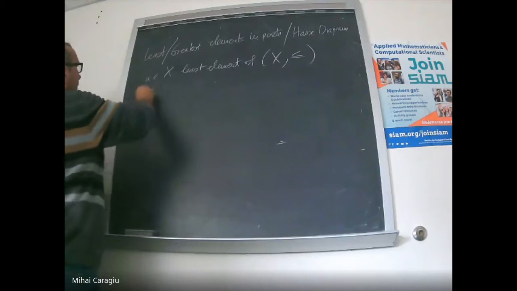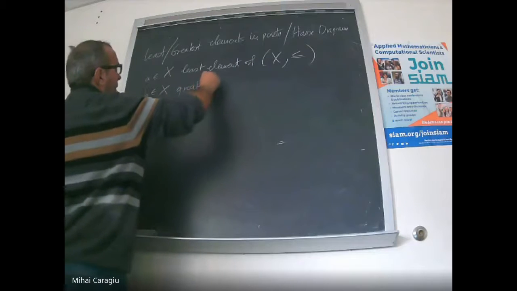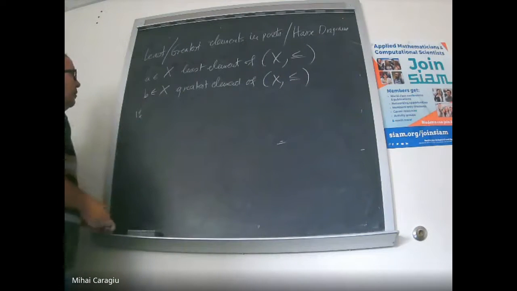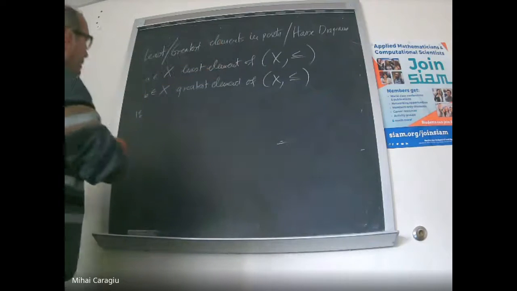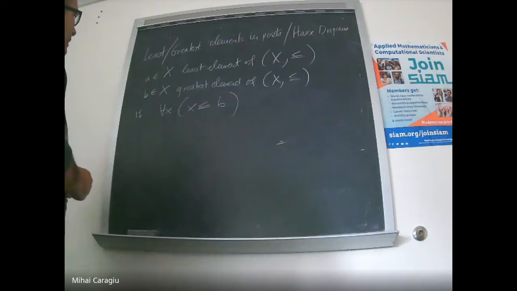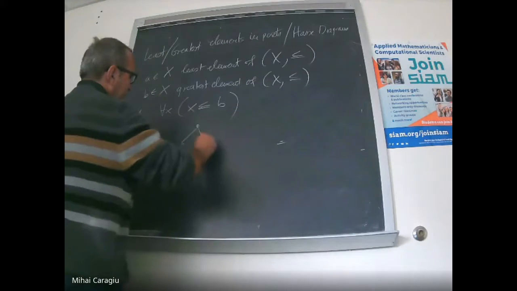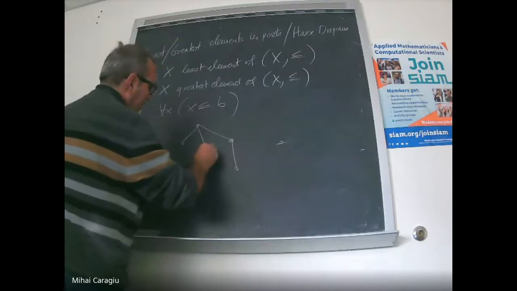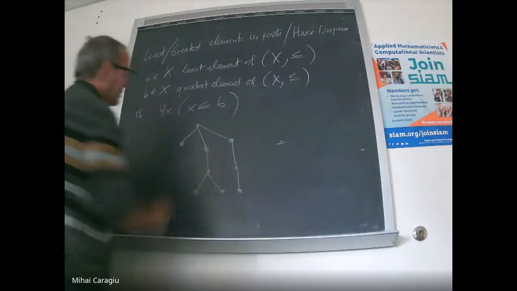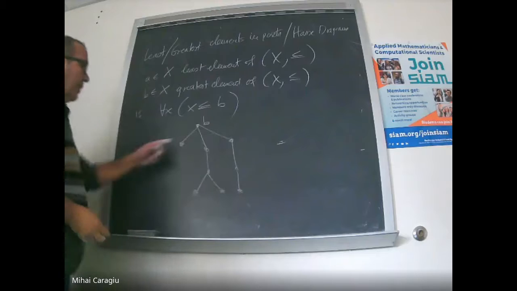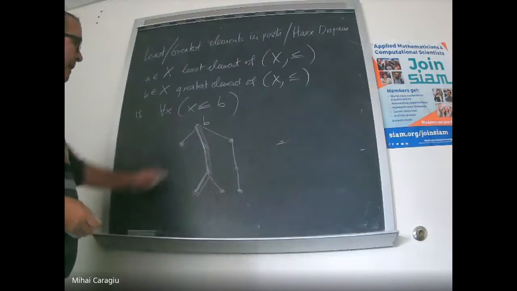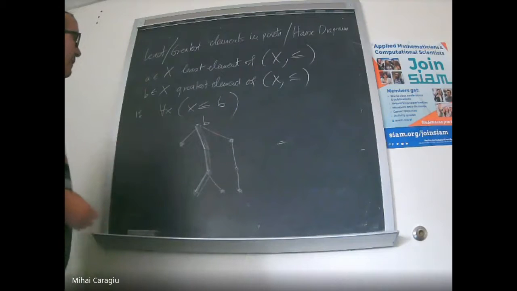So B belonging to X is a greatest element of the partially ordered set X if, recall, wherever we start, we can climb to B, for every x not equal to B. So in the Hasse diagram, no matter where we start, we can climb to the maximum element B. I can start here, just climb continuously to B. So no matter where we start in the Hasse diagram, we are either at B or we can climb continuously to B. That means B is the greatest element.